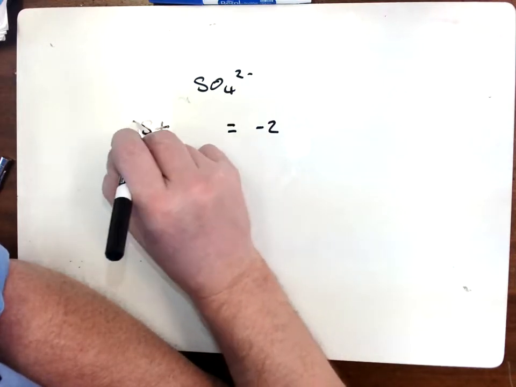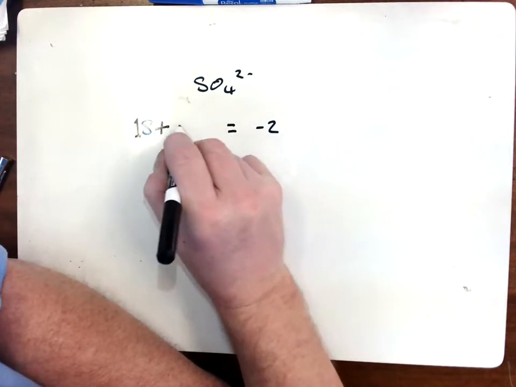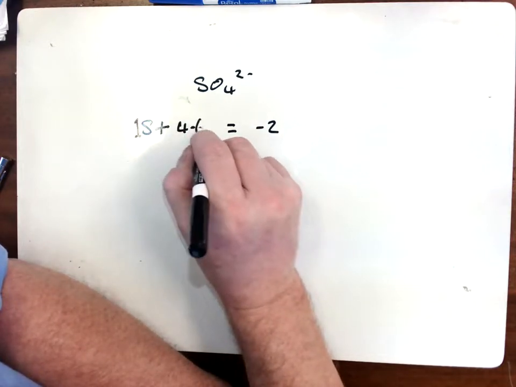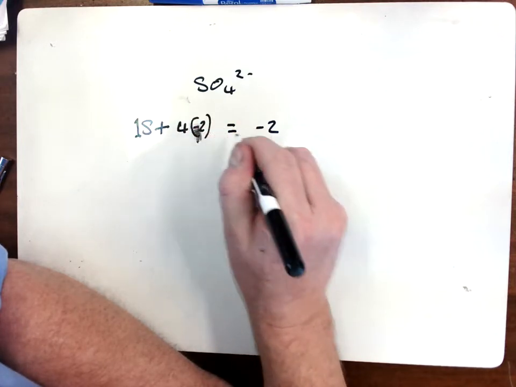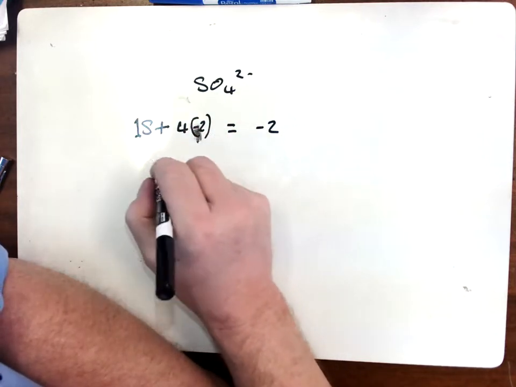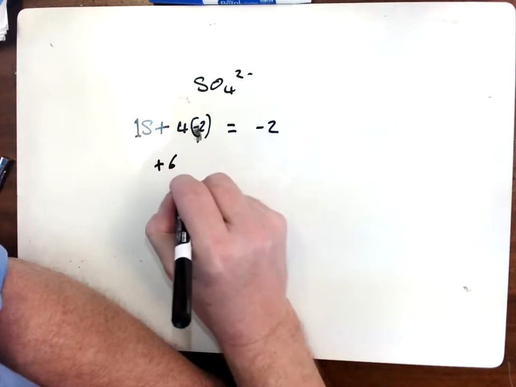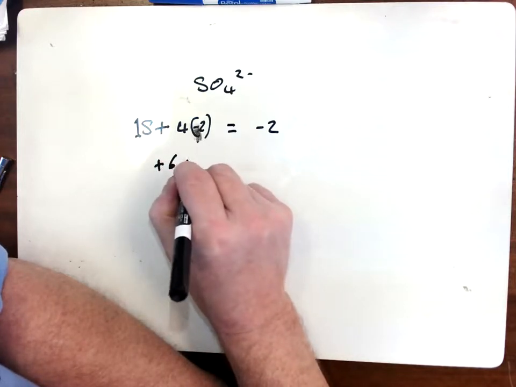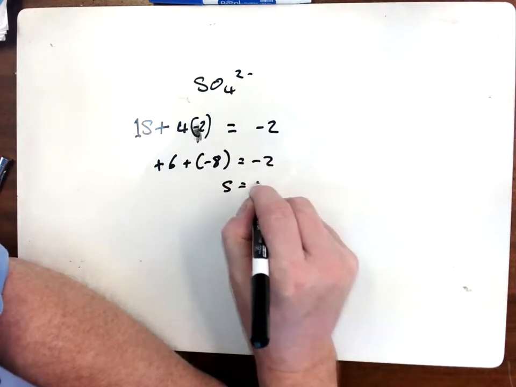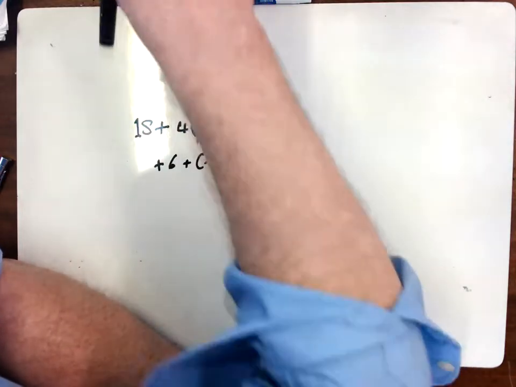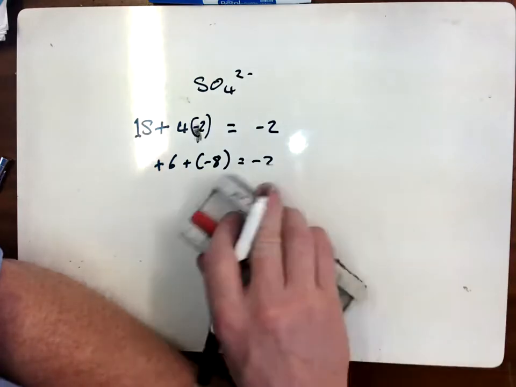So it's 1 sulfur plus 4 oxygens, each of which is -2, equals -2. So the sulfur must be in its +6 oxidation state, because +6 -8 equals -2. Sulfur in this case is in its +6 oxidation state.